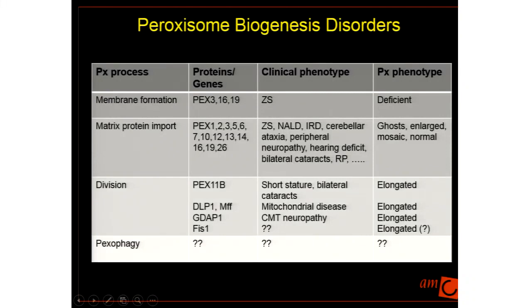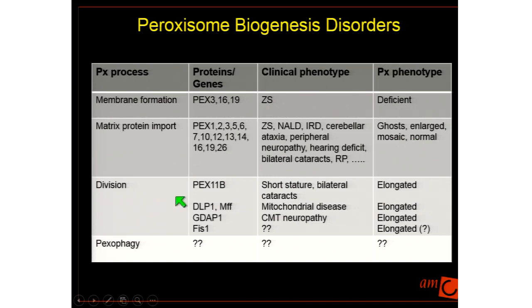So combined, we have now seen that we can have different mutations and different genes that can give rise to different subtypes of the biogenesis disorders. We can have a problem in the membrane formation, but that only occurs if we have biallelic loss of function mutations in PEX3, 16 and 19, because if we have hypomorphic mutations in these genes, and in any of the other PEX genes, then we can end up with a lot of clinical phenotypes, and we can have several different peroxisomal phenotypes in cells.